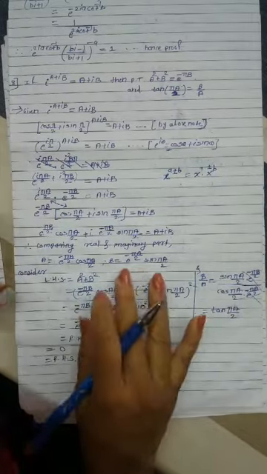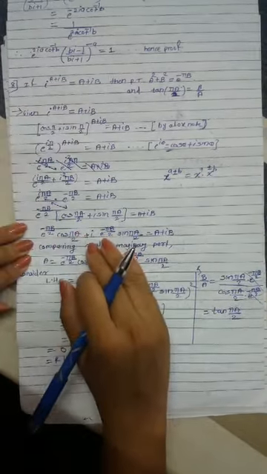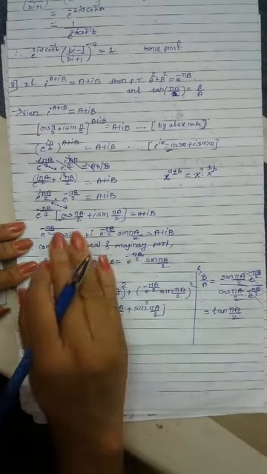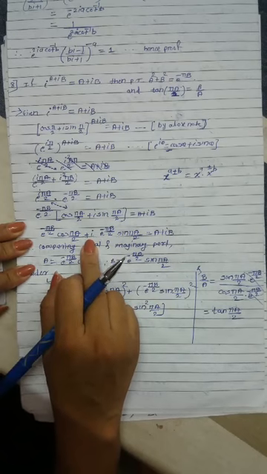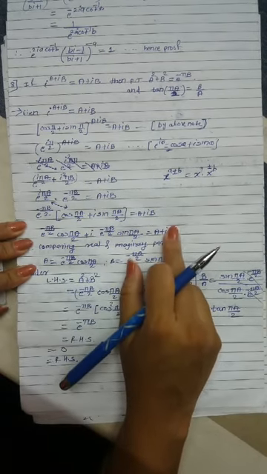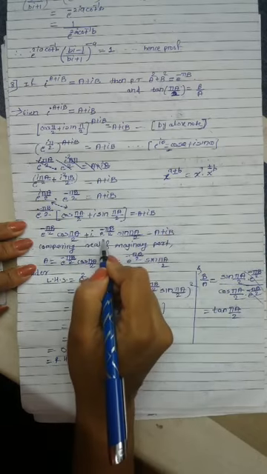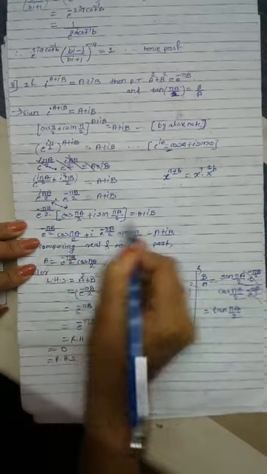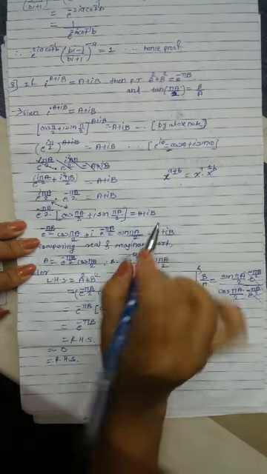Then what do we conclude from this? This is one complex number because i is there, and this is another complex number because the complex unit i is there. Two complex numbers are equal if and only if their corresponding real part and imaginary part are equal.